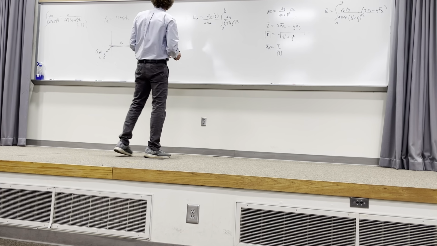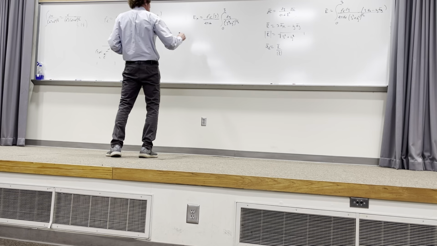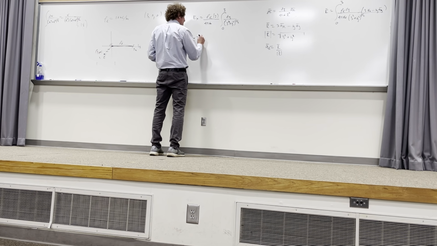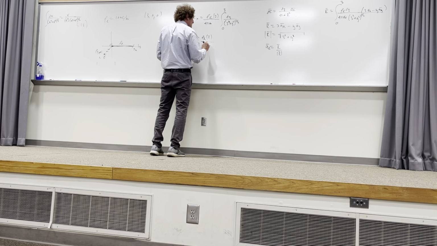That means this one is what? Let's see. My a squared is really going to be equal to, so EX is equal to rho L, pardon, times 3 over 4 pi epsilon naught here.